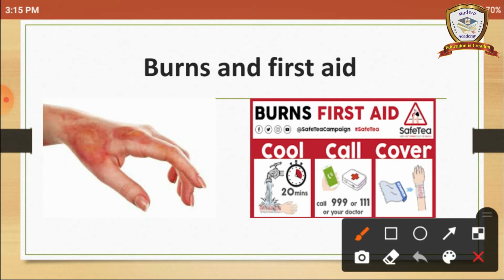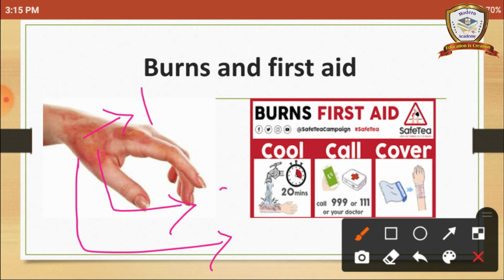Suppose this is our skin. The first layer we see, the outer layer, is called the epidermis, and a little bit inside is called a second degree burn, and inside the epidermis is called a third degree burn.